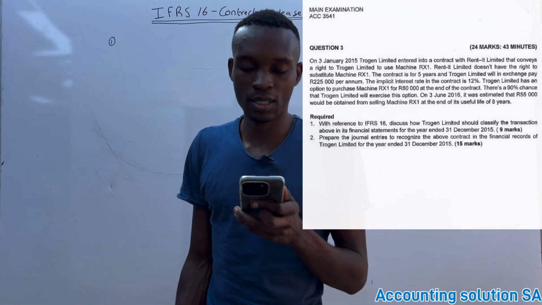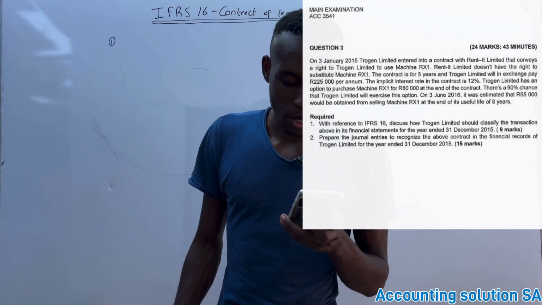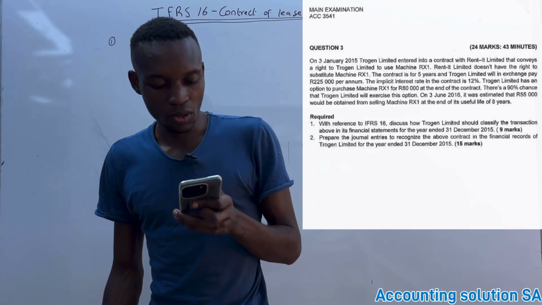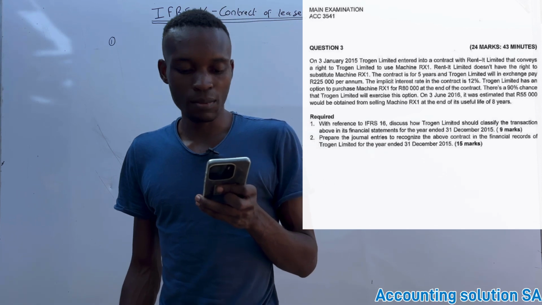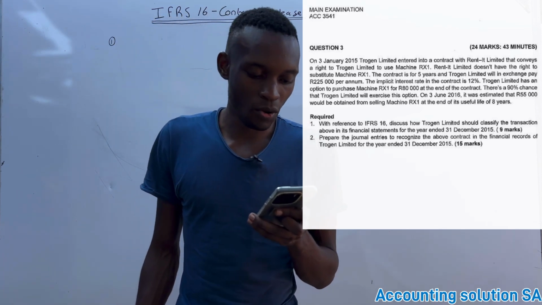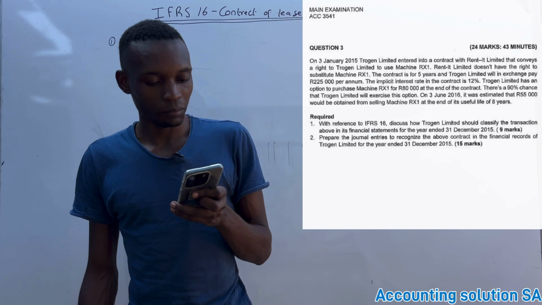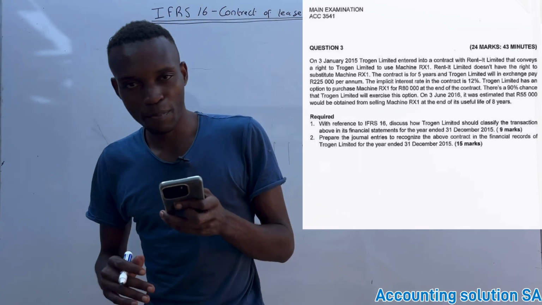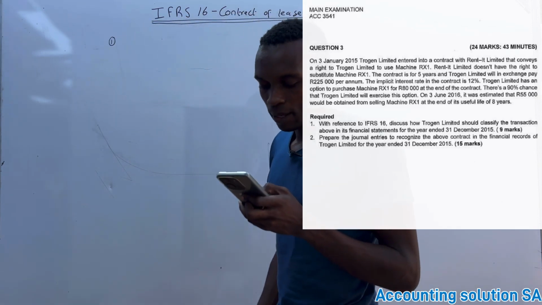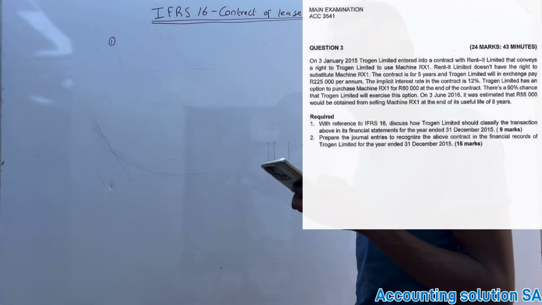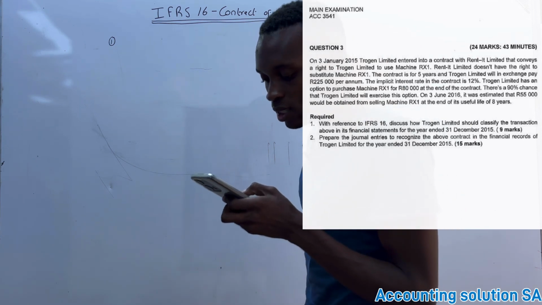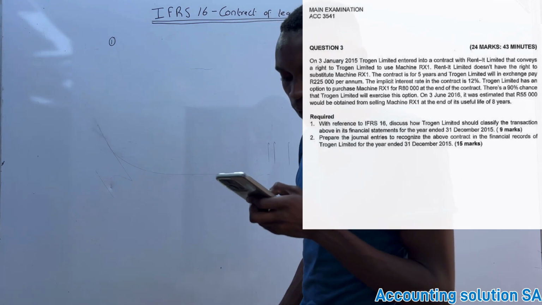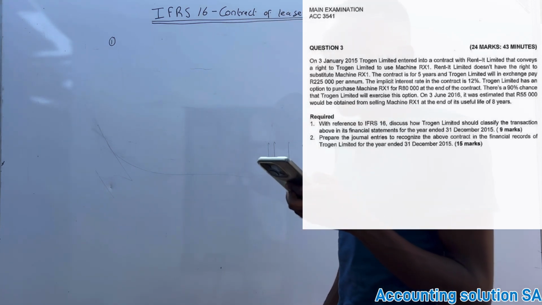Rent It Limited does not have the right to substitute the machine RX1, and the contract is for 5 years, and Trojan Limited will in exchange pay an amount of 225,000 per year, and the implicit interest rate in the contract is 12% per year.